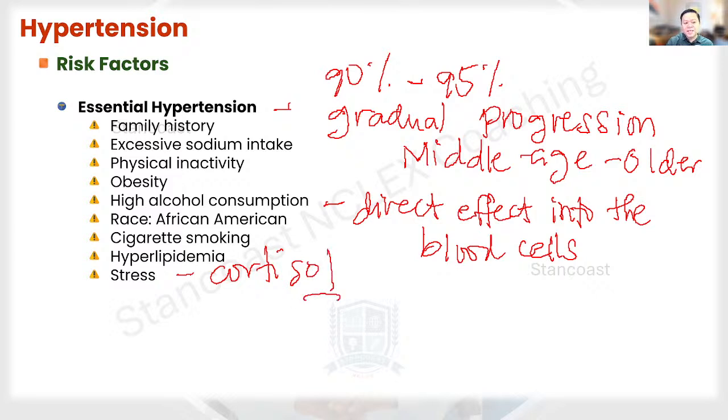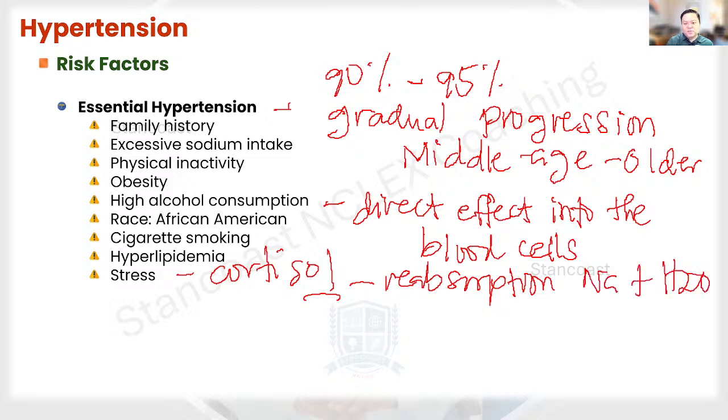Cortisol can promote the reabsorption of sodium, right? Plus water. And of course, fat deposition, also the formation of fats and migration of those fats into other parts of the body. This can really complicate things when you are at a high stress level.